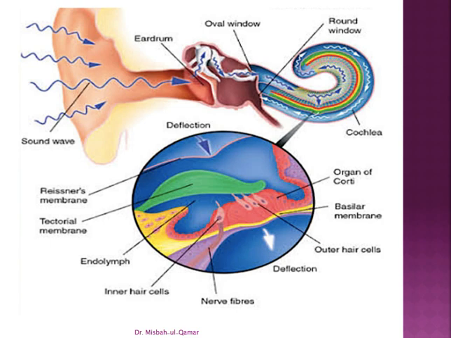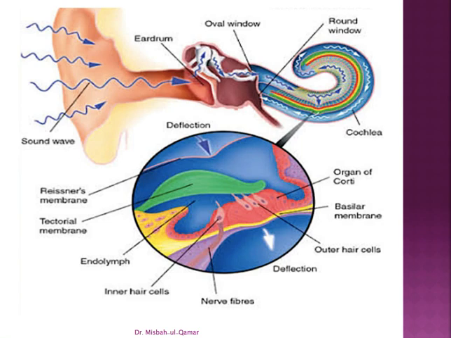So what actually happens is that when sound waves arrive at the tympanic membrane, there is a movement of the tympanic membrane. Now this movement causes the displacement of the auditory ossicles, as I already told you.